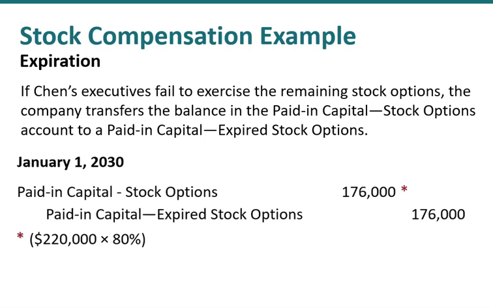And again, the $176,000 is the remaining 80% of our compensation expense that was credited to paid-in capital stock options. So from an overall capital perspective, nothing's happened. We've simply shifted the amount from one account to the other.